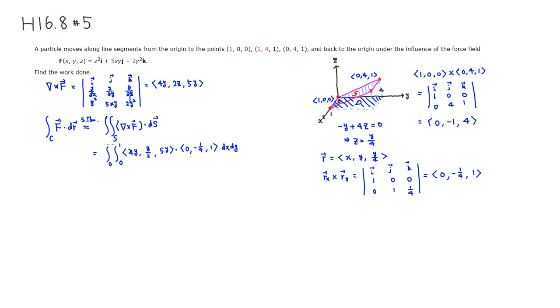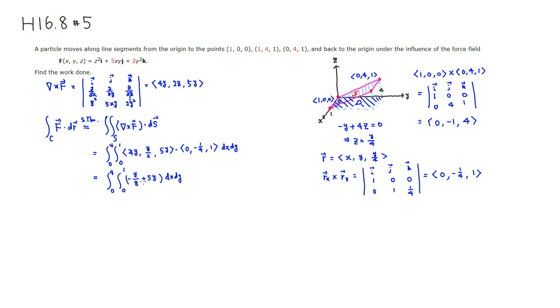So let's evaluate that. You have a double integral from 0 to 4 and 0 to 1. This times that is 0, so minus y over 8 plus 5y, dx dy.